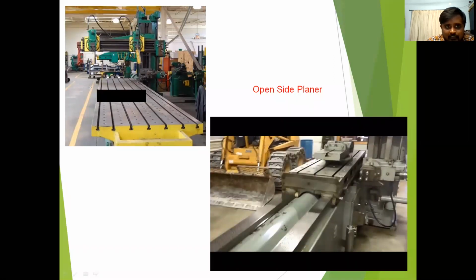Here I want to perform the operation, I want to remove the material. So this is the extension part.